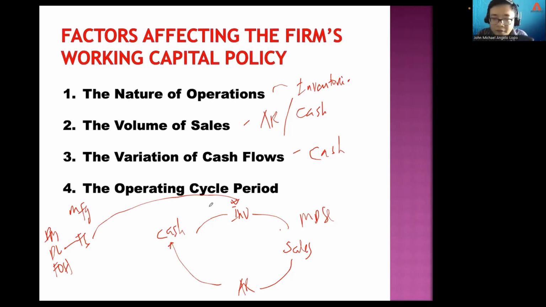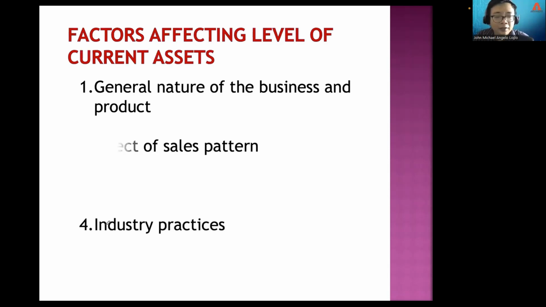So, ganoon pa rin. Inventory, then you have your sales. Ibibenta mo na siya. Then, AR pa din. Tapos you have your cash. And eventually, gagawa ka ulit ng finished goods. So, ganun ang operating cycle. Ability to convert your inventory into sales, and it will end up to the collection of your sales. That's the operating cycle.